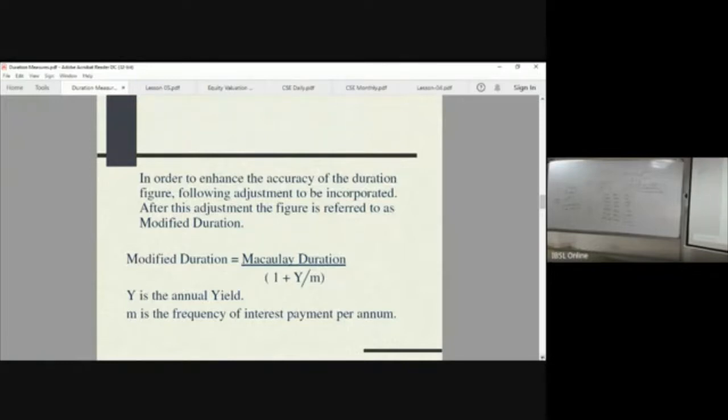Now, for example, if it is half yearly, m is equal to 2, because annually there are 2 payments. If it is quarterly, it is 4. If it is monthly, it is 12. That is how it is. So now, can you calculate the modified duration of this?